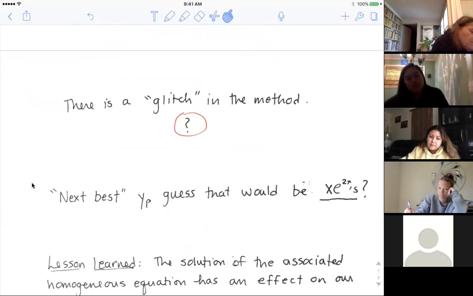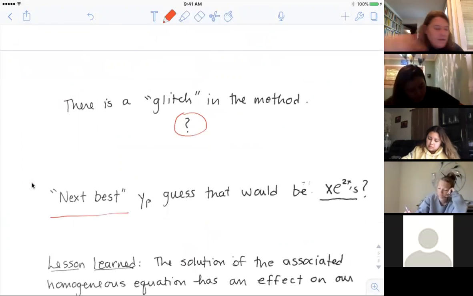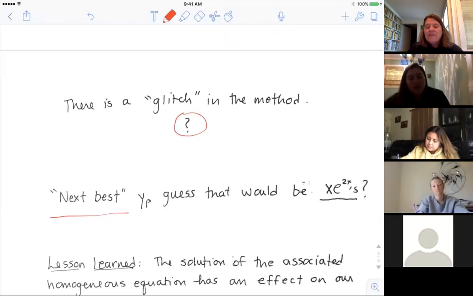All right, so we're going to make a next best guess. We need to guess something that has e to the 2x's in it, guys, and whose derivatives have e to the 2x's in them. But it can't be just an e to the 2x.